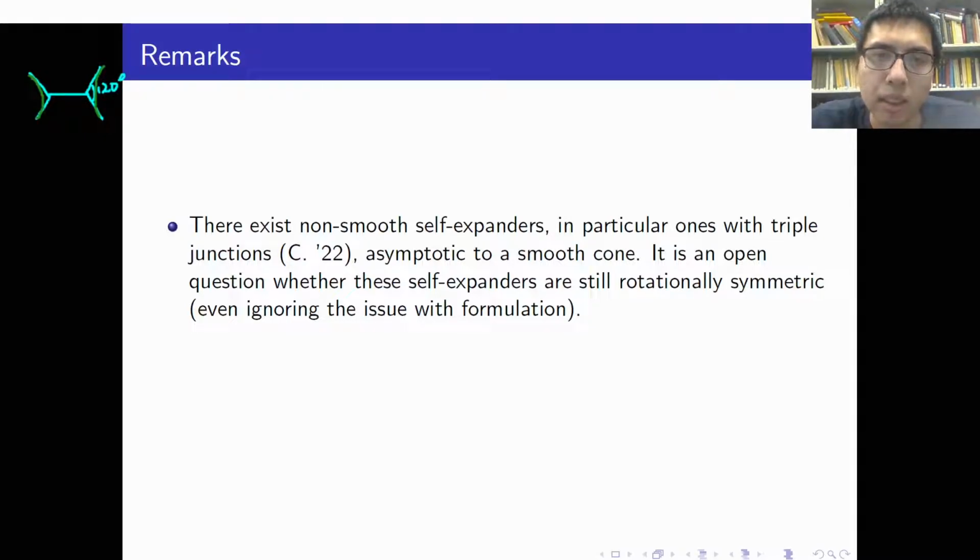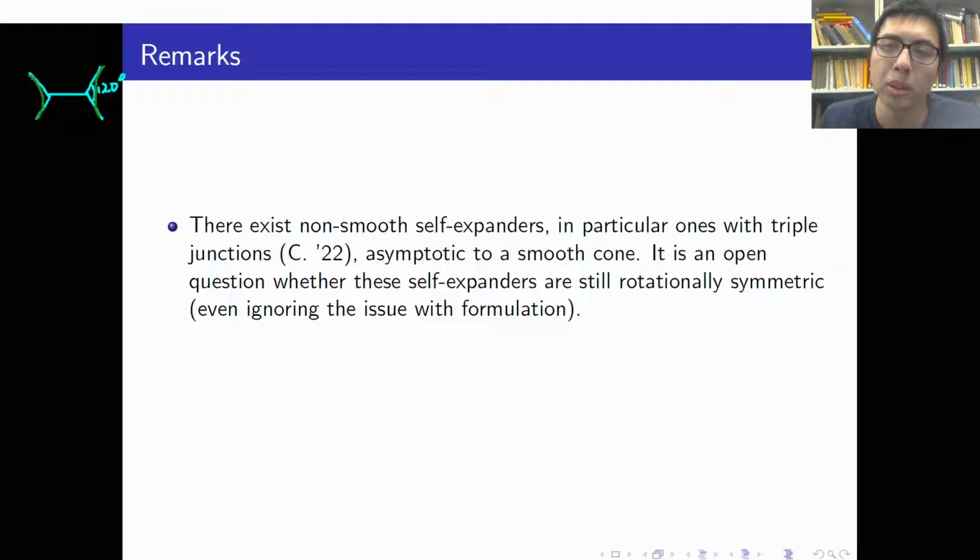But yeah, these are singular self-expanders, and one of the more interesting questions, I'm going to phrase as a very, very vague question: it's an open question whether you also have rotational symmetry of these singular self-expanders. Now, the big issue with this question is the formulation.